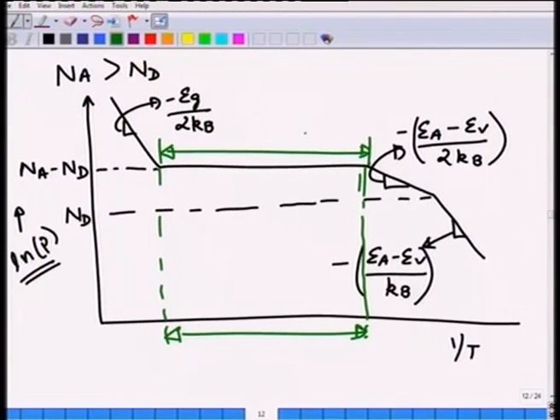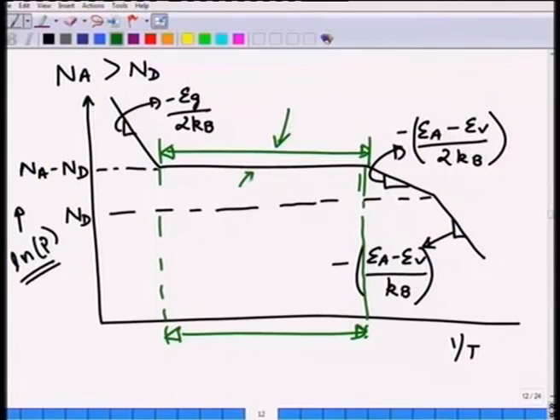This is the exhaustion region, or extrinsic semiconductor, with which we will be making these devices. From now on I will assume that this is where we are operating.